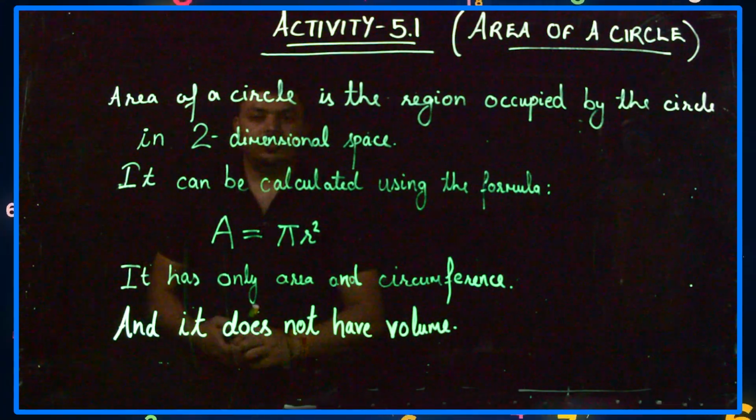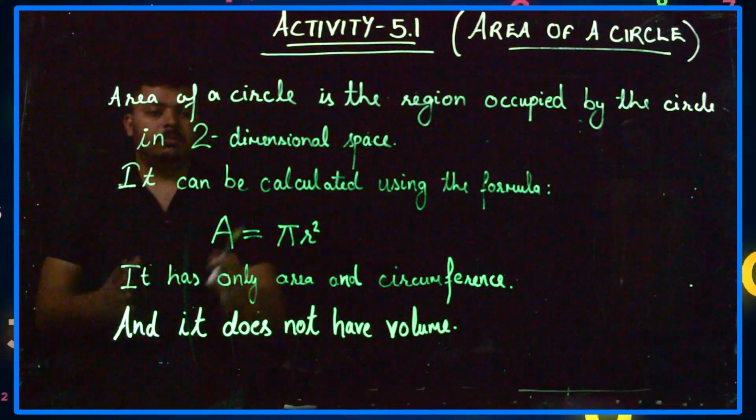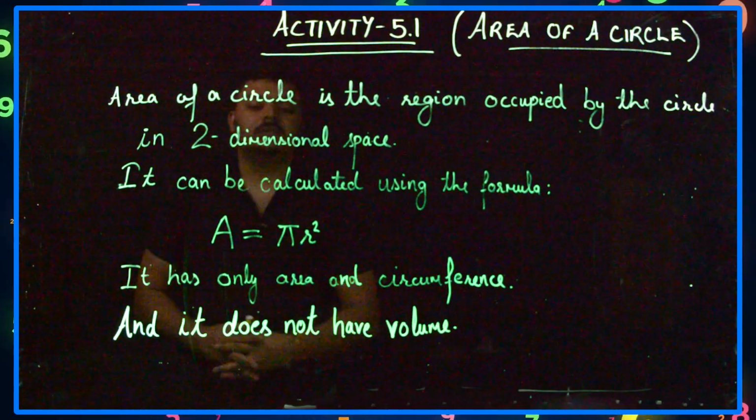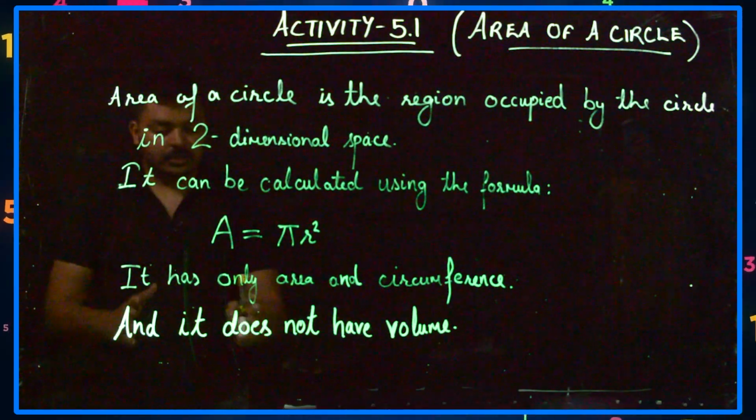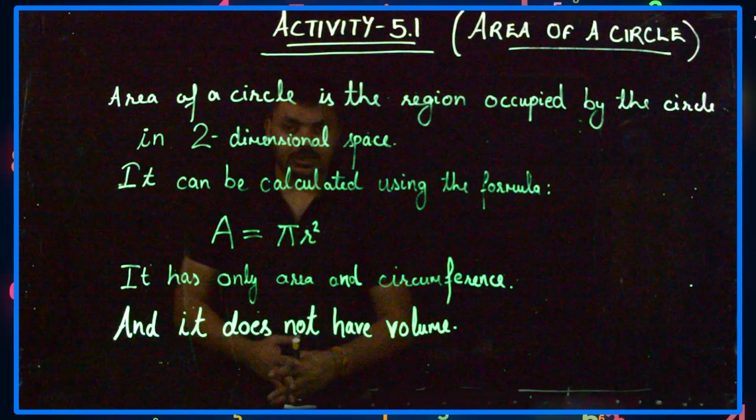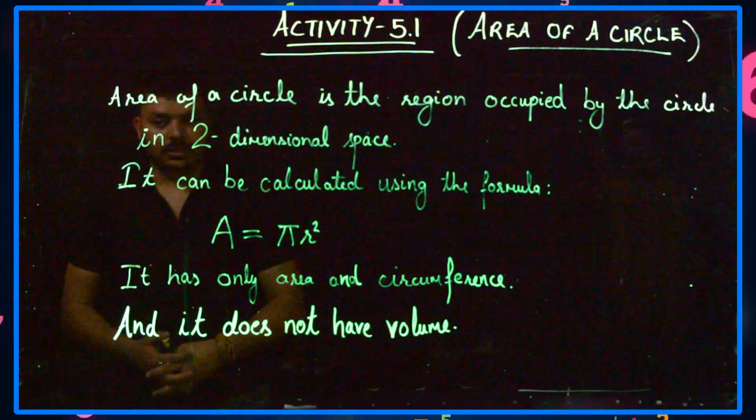So the area is the region occupied by that circle in two-dimensional space, so it does not have volume, as volume is considered in a three-dimensional space.